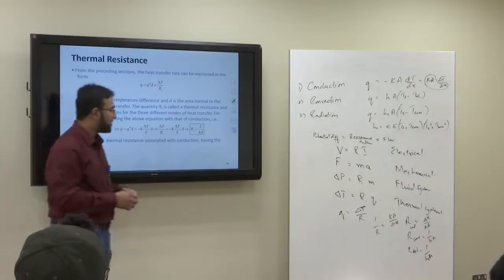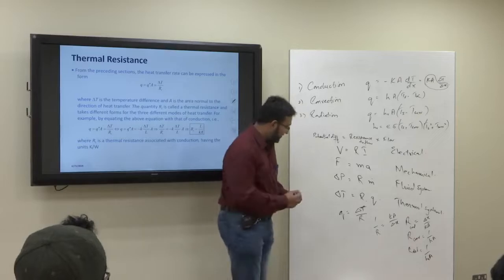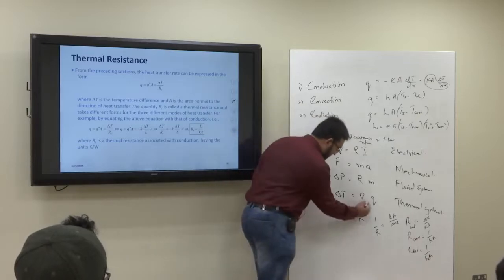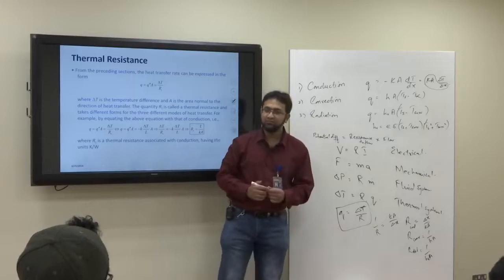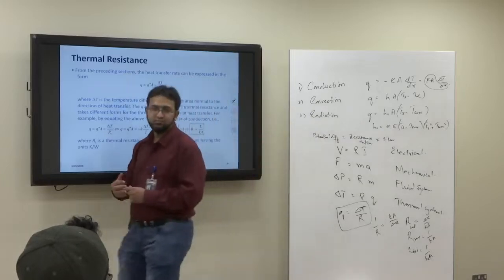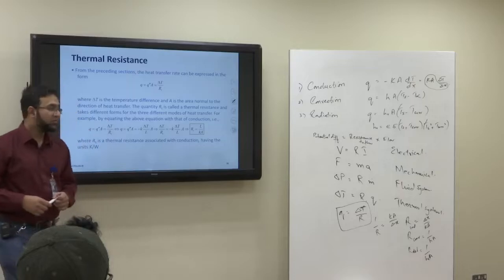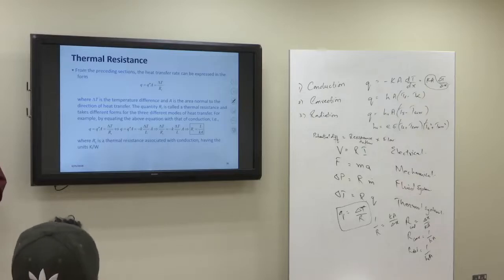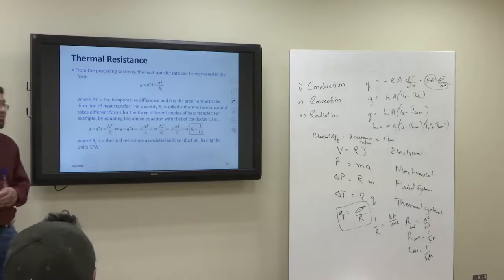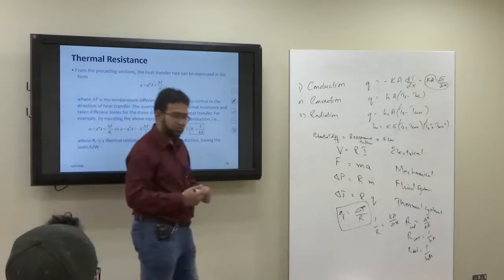Now tell me one thing. Look at this equation. Can you find the unit of R? What will be the unit of Q? What will be the unit of delta T? Kelvin. So what will be the unit of R? Kelvin over watt.